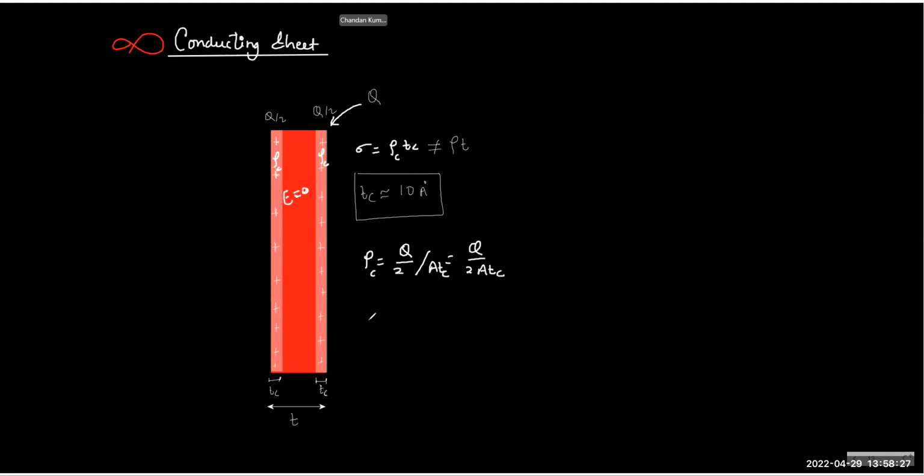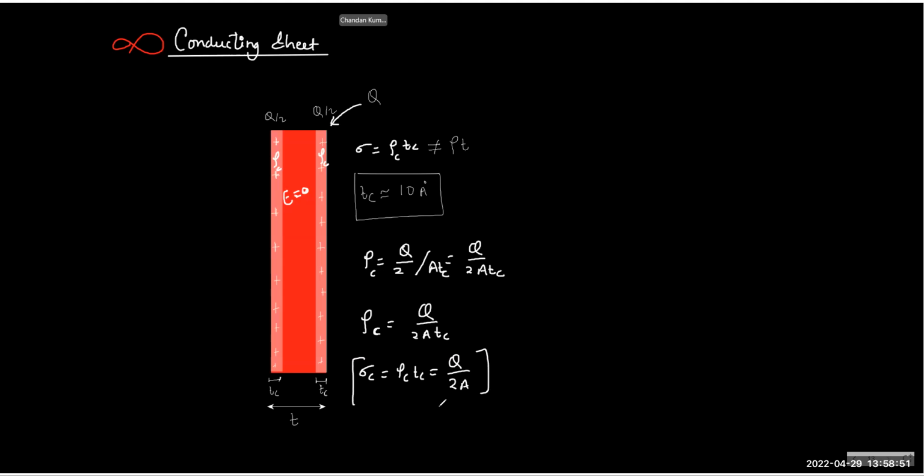Yes, sir. So the sigma in this case, and the critical sigma is rho C TC. So that term turns out to be Q by 2A.